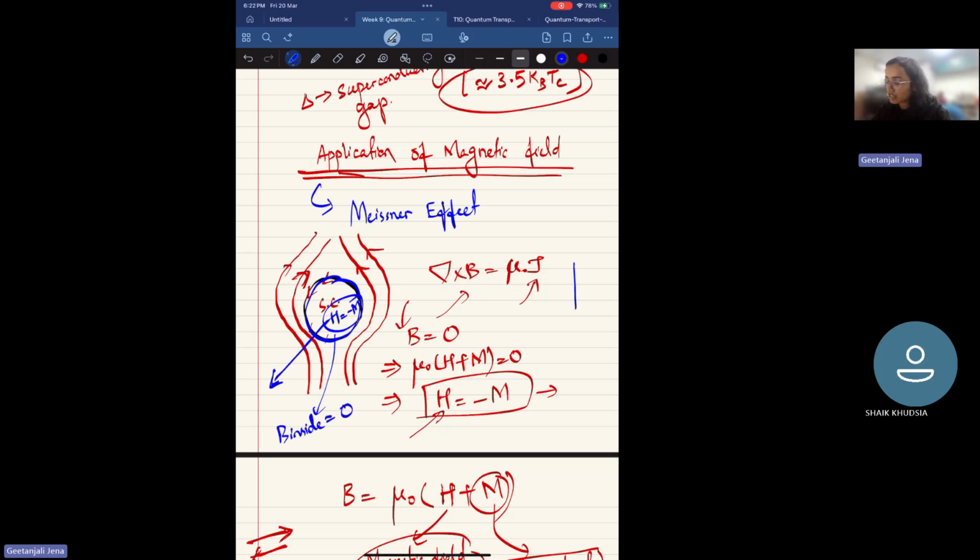Because whatever magnetization is produced, it is completely cancelling the magnetic field intensity. Okay. So they cancel. So that is why inside the material, the B is 0.